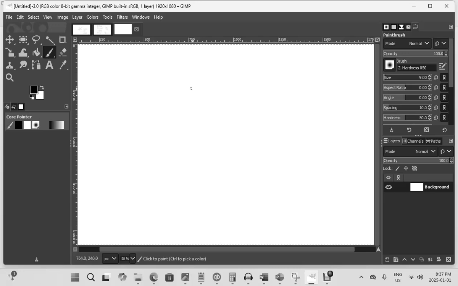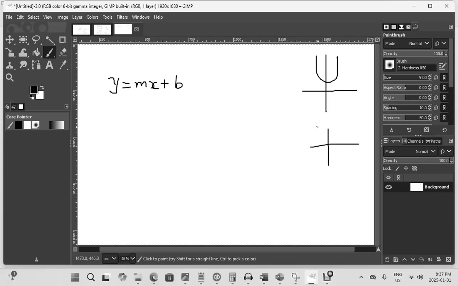Let's take an example. We know that the equation for a line that has a slope looks like this: y equals mx plus b. This is usually a straight line, rather than a parabola. This is your coordinate plane, and this is your straight line.